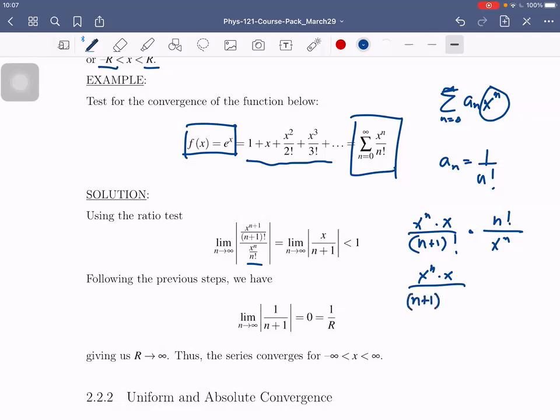Express natin yung factorial. So n plus 1 factorial is n plus 1 times n factorial, times n factorial over x raised to n. So makakancel ito. Makakancel din ito. So now we have x over n plus 1. Since absolute value siya, you just have to write it like that.